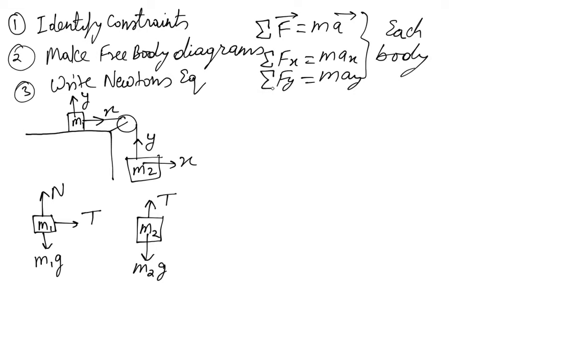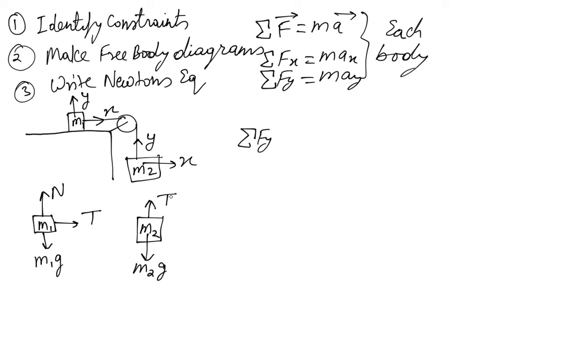You add all the Fx's and that should be equal to max. So let's try this body first. It looks like this one has nothing to do with the x-axis. All it has to do is with the y-axis. So let's see what the sum of Fy is for this one.